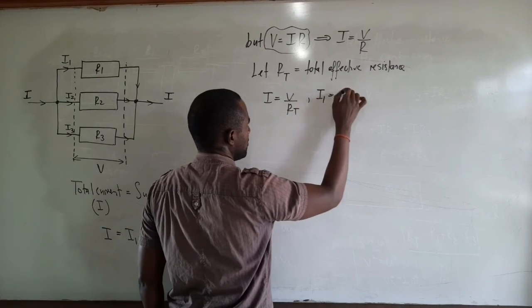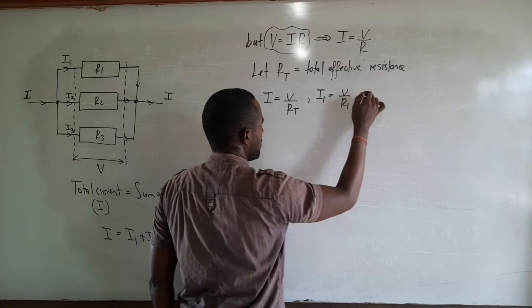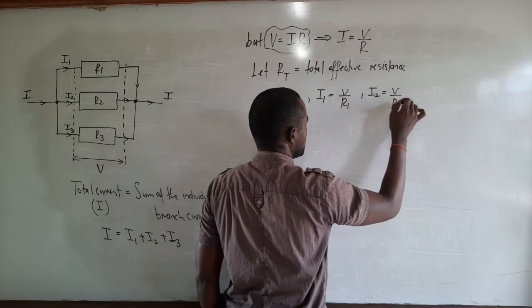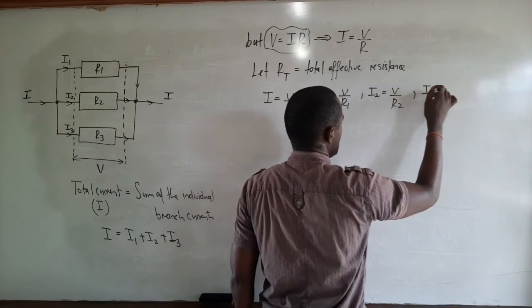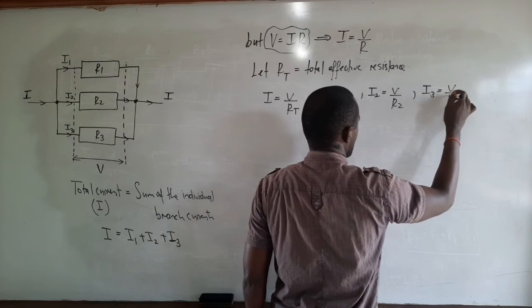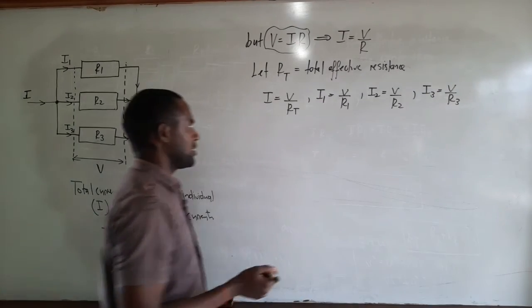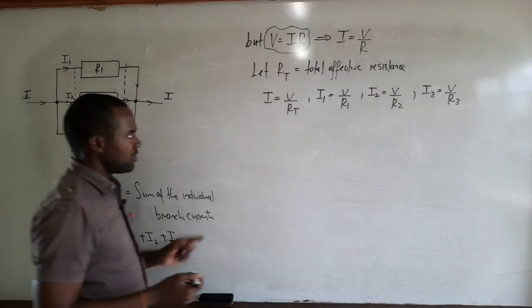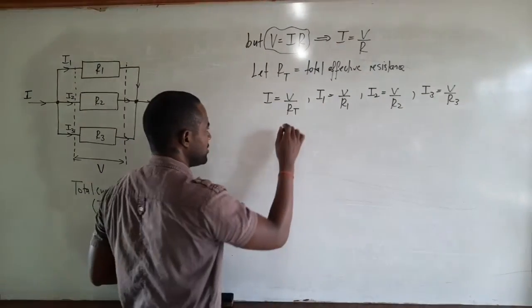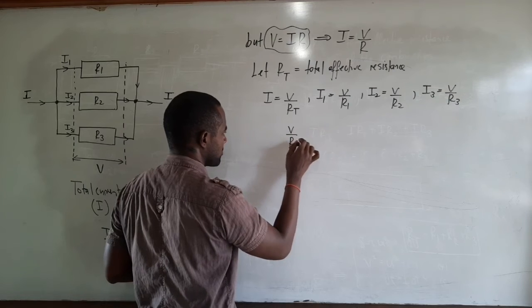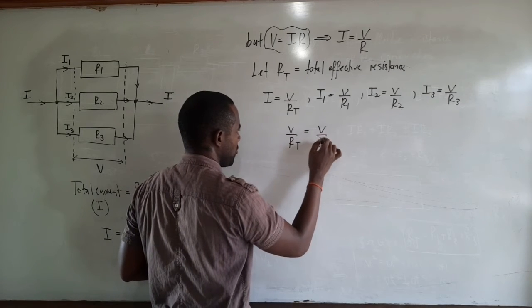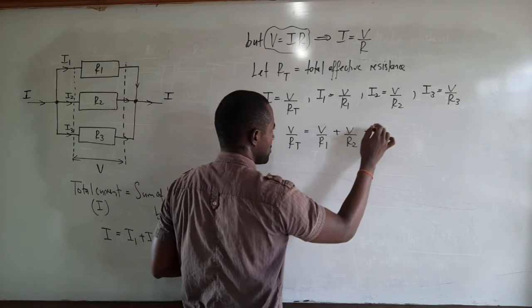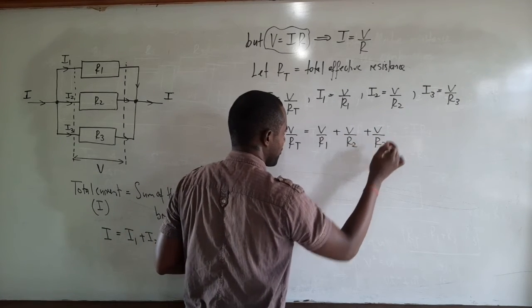I1 is equal to V over R1. I2 is equal to V over R2. And I3 is equal to V over R3. Since I is equal to I1 plus I2 plus I3, it follows that V over RT is equal to V over R1 plus V over R2 plus V over R3.